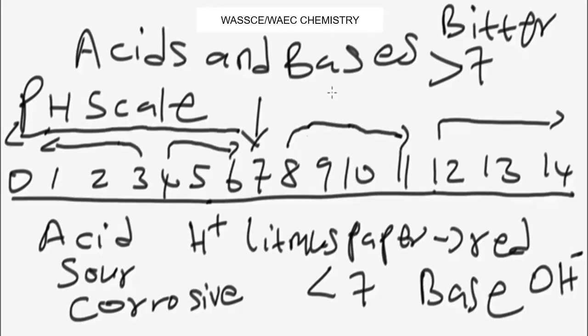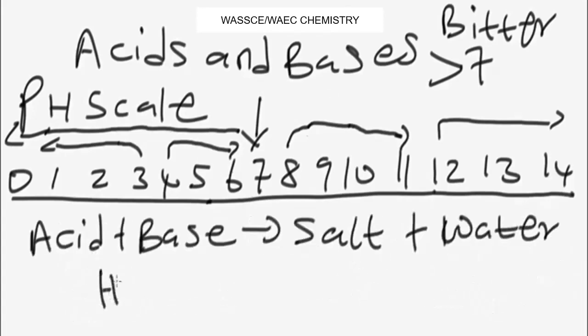Okay, one more thing you have to know is that acid reacts with base to form salt and water only. Very, very important, guys. Now let me wipe somewhere, this will show you. We have hydrogen ion, okay, reacts with hydroxide ion.